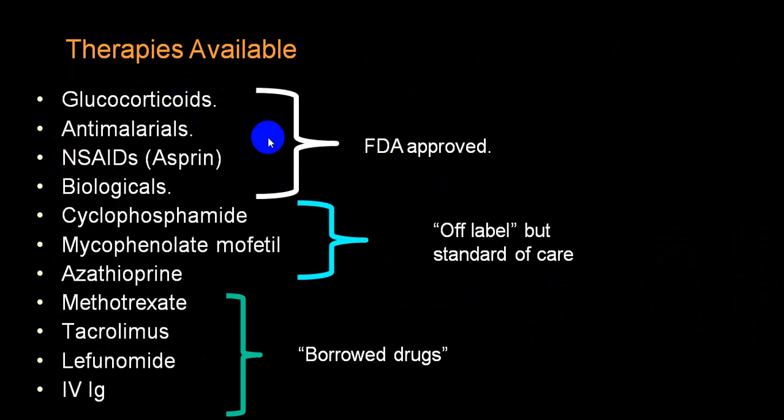These are FDA approved: glucocorticoid, antimalarial, NSAID and biological compounds. Off-label use includes cyclophosphamide, azathioprine. You can try methotrexate, leflunomide and IV immunoglobulins, which are described as borrowed drugs.